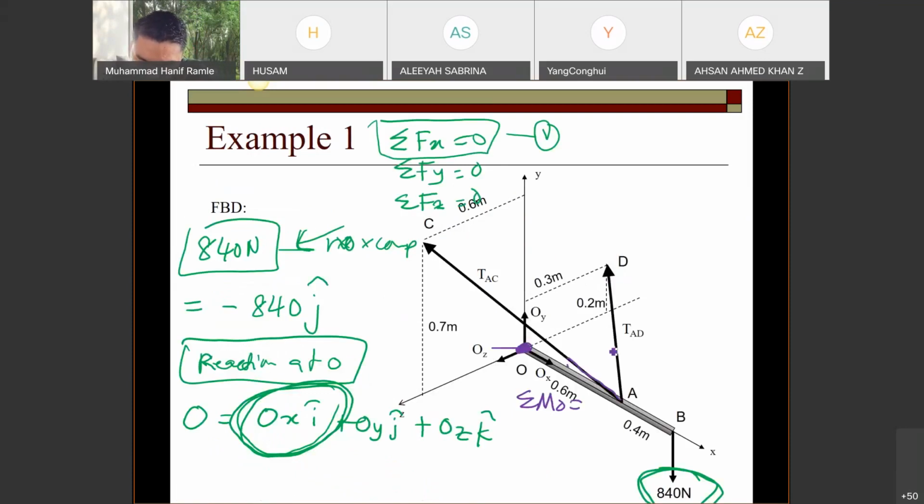The first one is TAC, the second one is TAD, and the third one is 840 Newton, to calculate the moment about point O. So back to the slide.